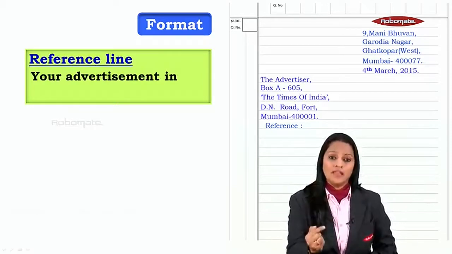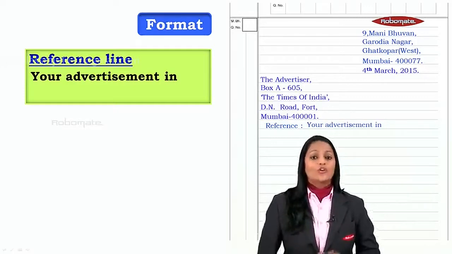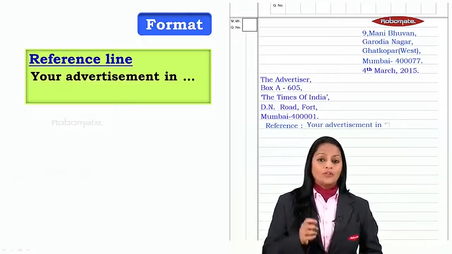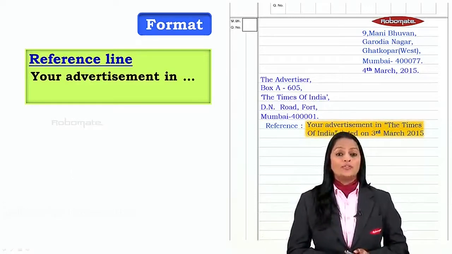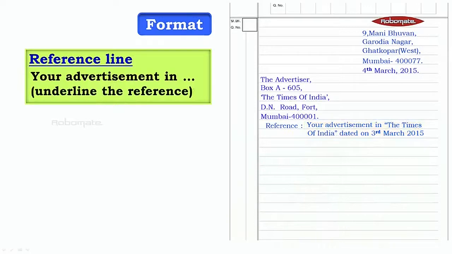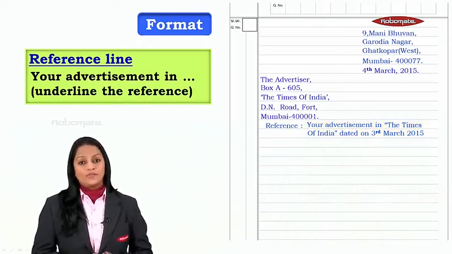Because you are referring to the advertisement that was given in the question. So you will write it like that, and after that you are going to write the name of the newspaper, and you will write even the date. So you could see there the Times of India dated 3rd March 2015.